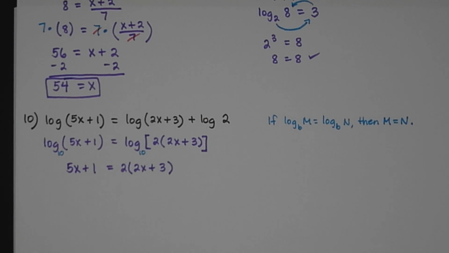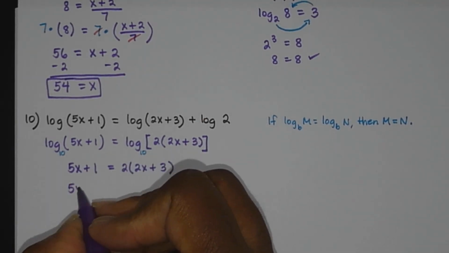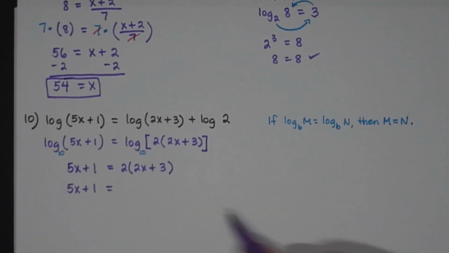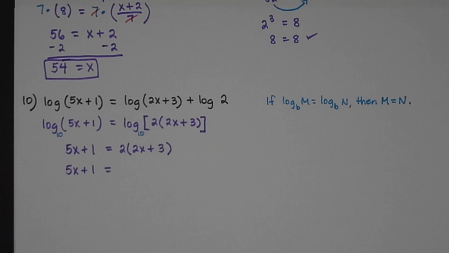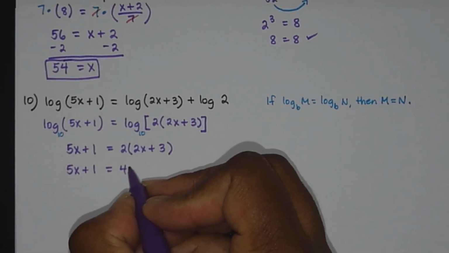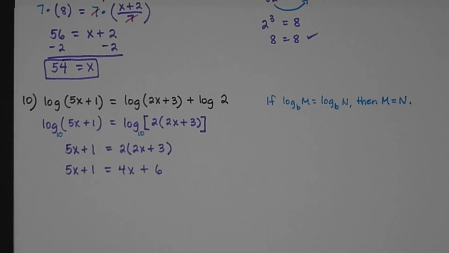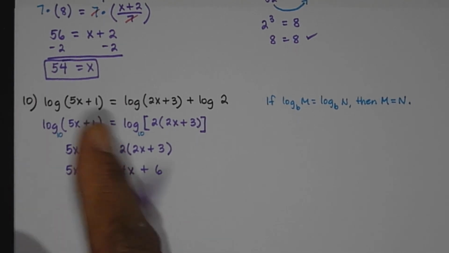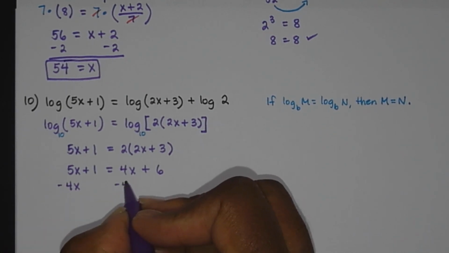And now we can solve this equation for x. So if I bring down that 5x plus 1 on the left side and distribute the 2 over the 2x plus 3, I would get what? 4x plus 6. And now I need to get all the variable terms on one side and the constant terms on the other side. So to move the 4x over to where that 5x is, I need to subtract 4x.